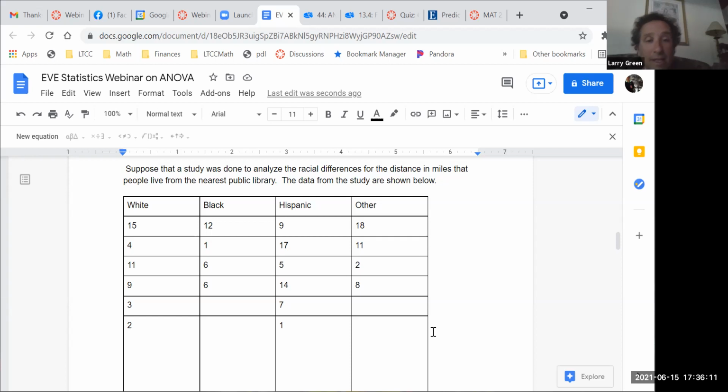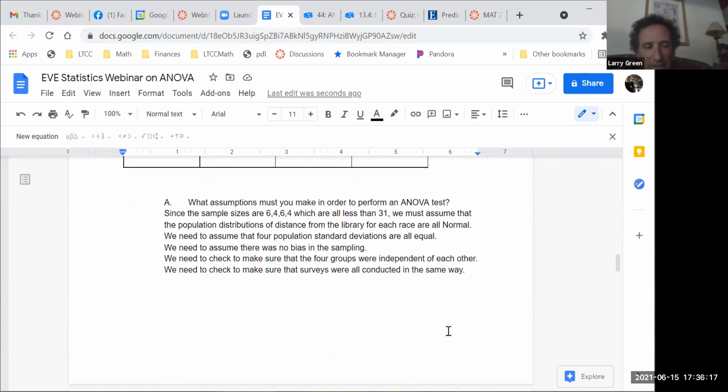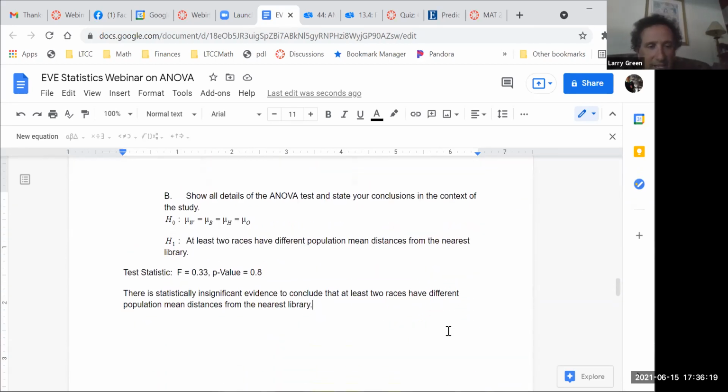Okay, it might be that they're the same, but it might be they're different. We don't know. So when you fail to reject the null hypothesis and say there's statistically insignificant evidence, what you're saying is you just don't know anything. Okay, when you have a p-value of 0.8, it's not very helpful. It doesn't say they're all equal, but it's definitely not helpful when you have such a big p-value. Any questions on this example?